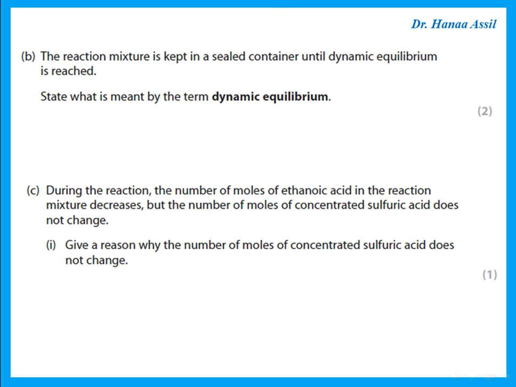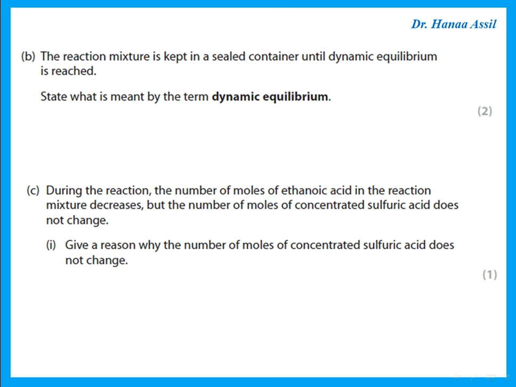The reaction mixture is kept in a sealed container until dynamic equilibrium is reached. Remember, that equation was a reversible equation. What is meant by the term dynamic equilibrium? We said a reversible reaction is one in which it goes forward and backward. It's a reaction that goes both forward and backward.